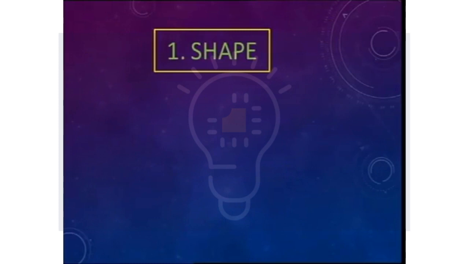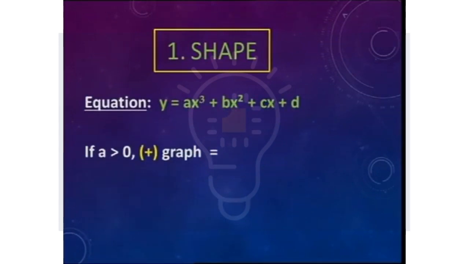What about the shape? The shape says, if that is the equation, what if a is greater than 0? Now a, as you know, learners, is the numerical value in front of x to the power of 3. If that is positive, then we know the shape of the graph must look like that.